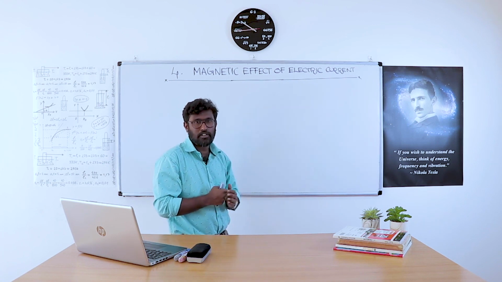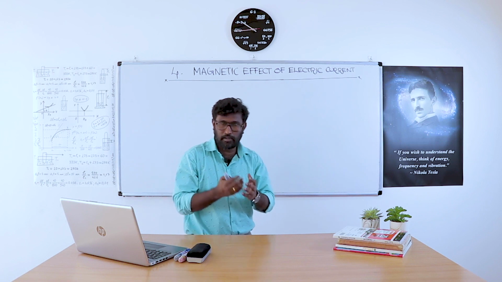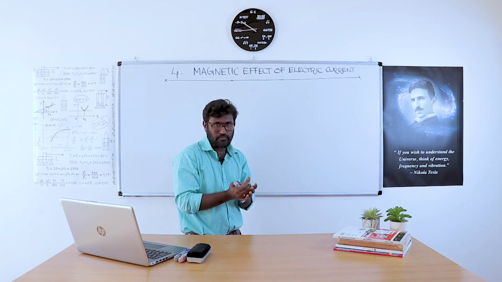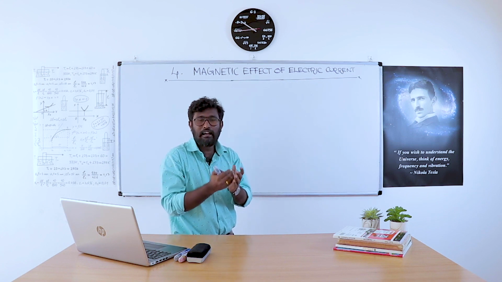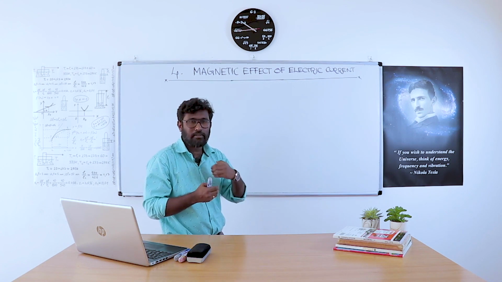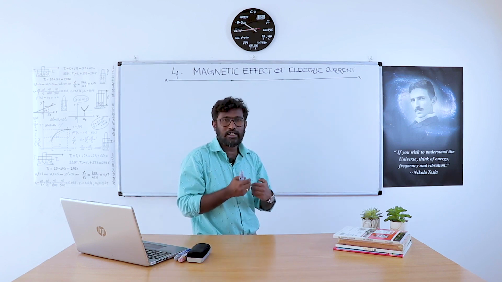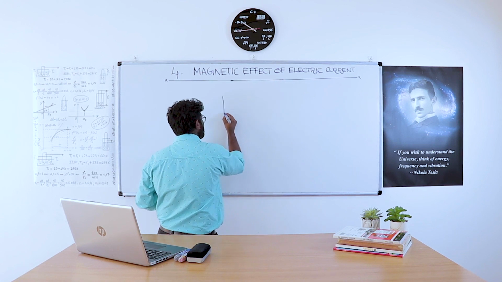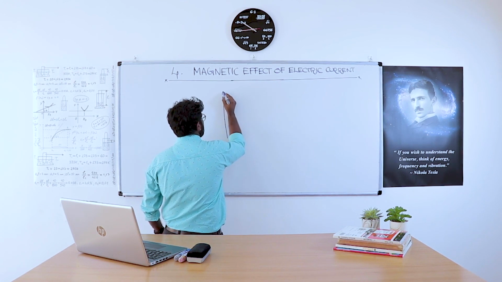Before moving to the chapter, I want to introduce an experiment conducted by Hans Christian Ørsted. The experiment consists of a straight conductor. This is the straight conductor AB.